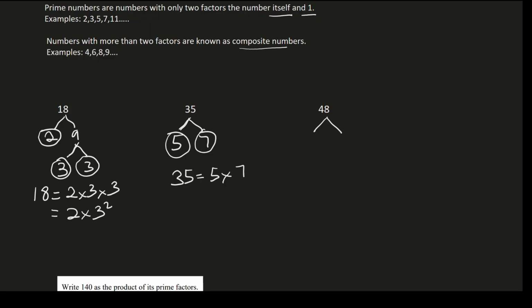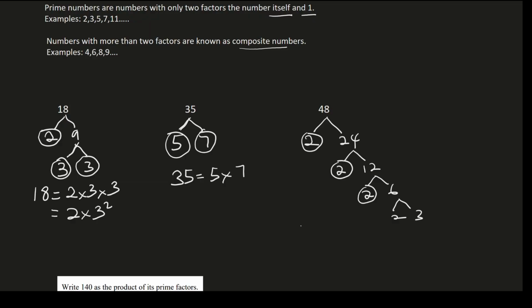48. Looking for two pair of factors for 48, which is 2 times 24. 2 is a prime number, 24 is not. So we break it down. 2 times 12. 12 is a composite number, so we keep breaking it down. 2 times 6. 2 times 3.